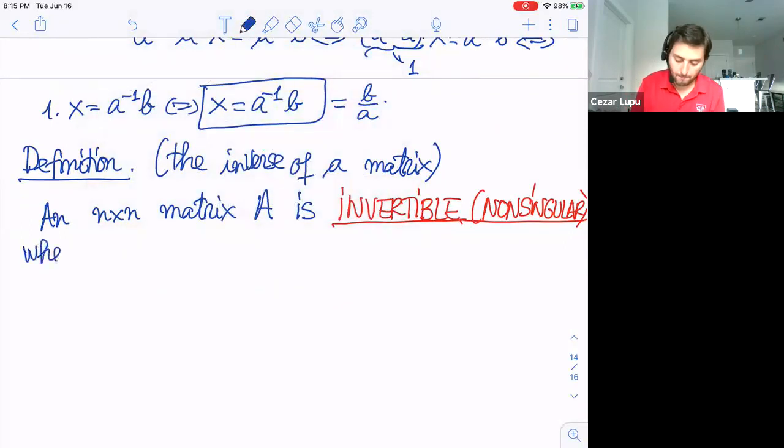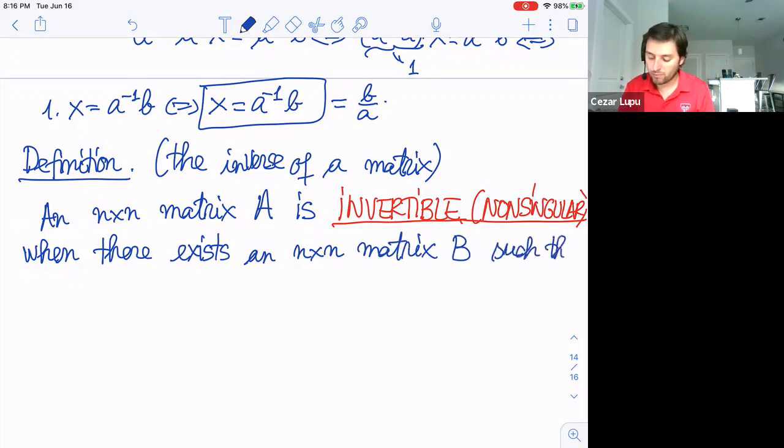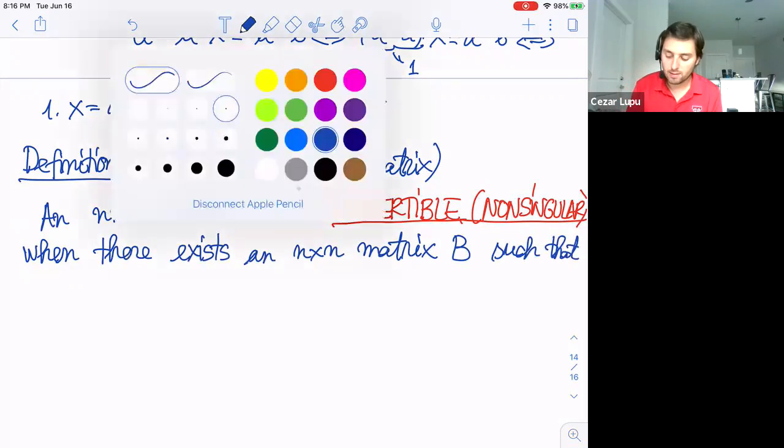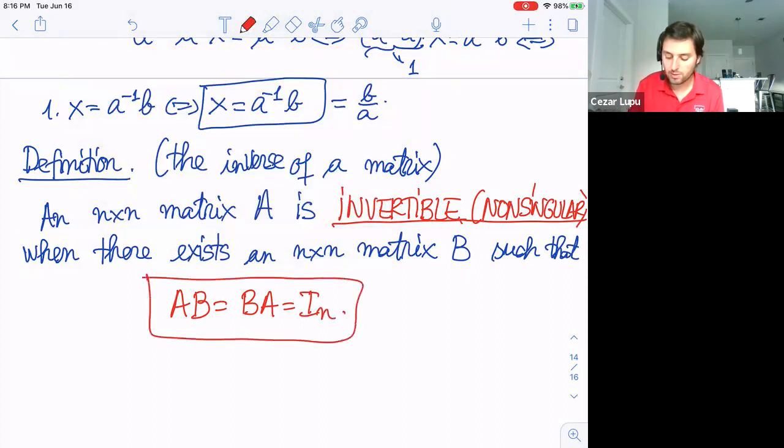When there exists an n by n matrix B such that, guess what? The two matrices commute, and not just that, they're equal to the identity, such that AB equals BA and equals the identity. That's the condition.